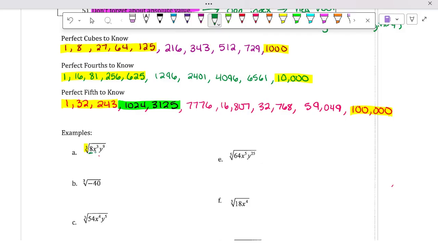Well, 8 is a perfect cube. x cubed, definitely a perfect cube. y is a multiple of 3, so it's also a perfect cube. So our answer will not include a radical. The cube root of 8 is 2. If we divide 3 by 3, we get x to the first power. Divide 9 by 3, we get y to the third.